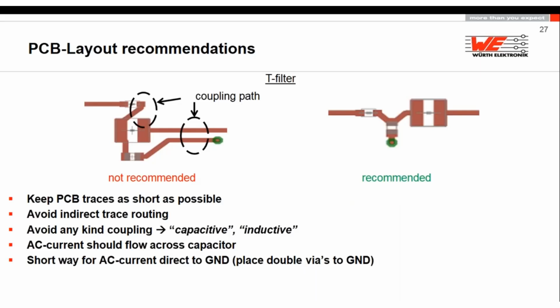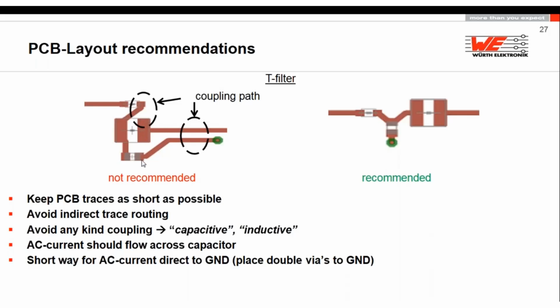I had a colleague who made it. She liked to put everything in a very nice organized way. Resistors in one row, capacitors in one row, inductors in one row. So according to the schematic, this T filter was correctly connected, but that was not so good for the noise.